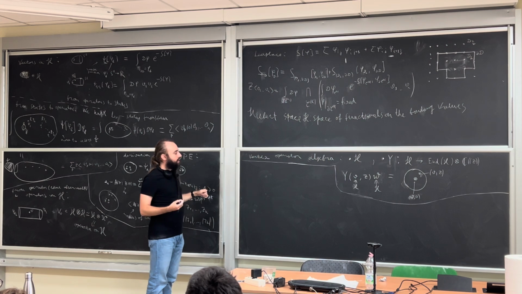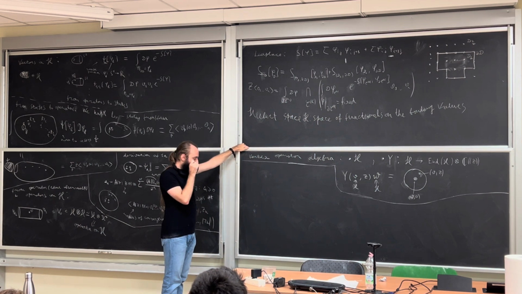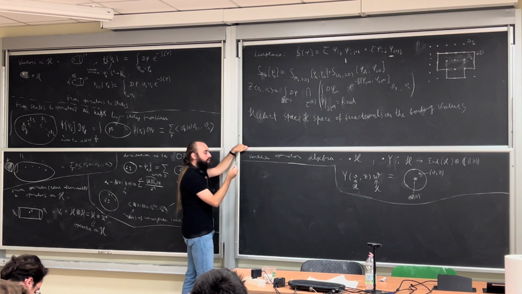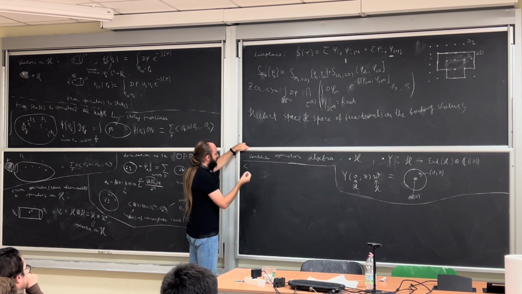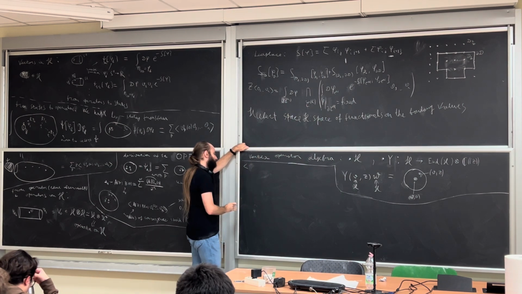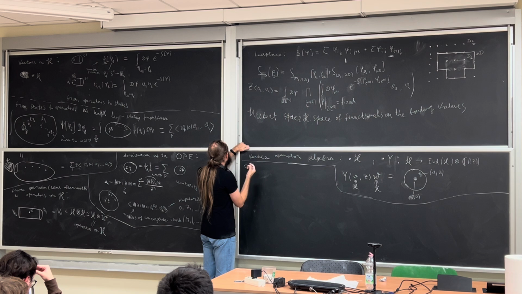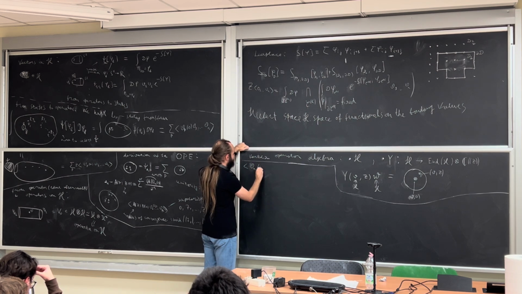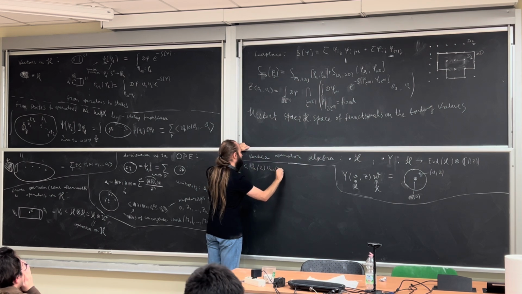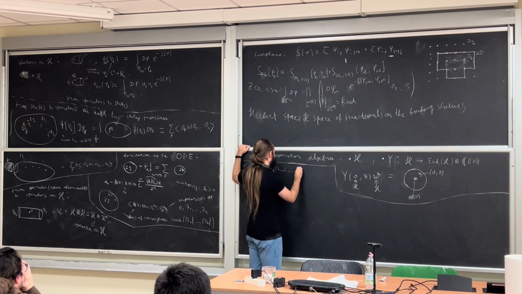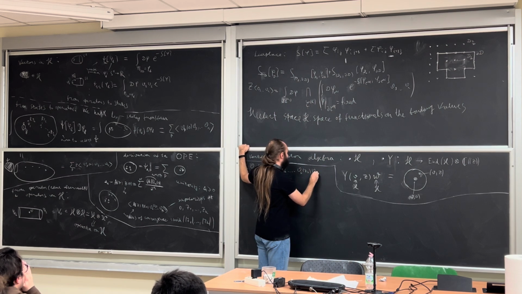Well, I already erased this picture. So, for example, you want to compute some object like this: O_{n-1} of z_{n-1}, and so on, O_1 of z_1, and O_0 of 0.